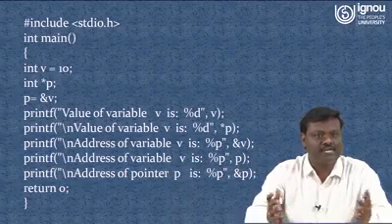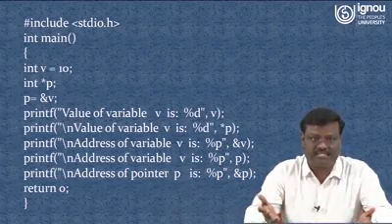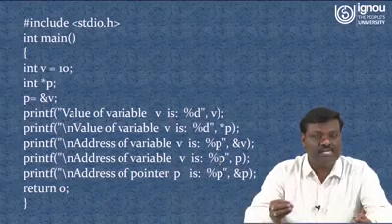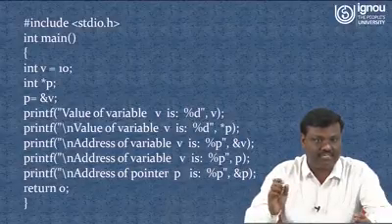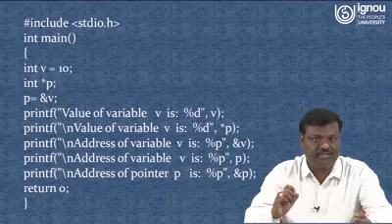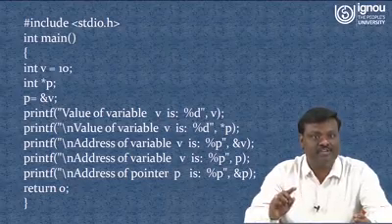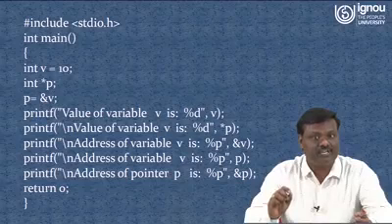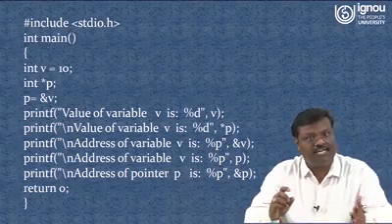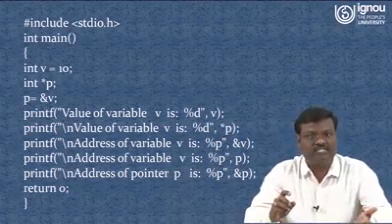The value of the variable you can display directly, that is 10, but the value of the variable with the help of the pointer, you have to use star p. Once again 10 will be displayed. The address of variable v, that is ampersand of v, you can say directly p or else address of v. Both ways are correct.